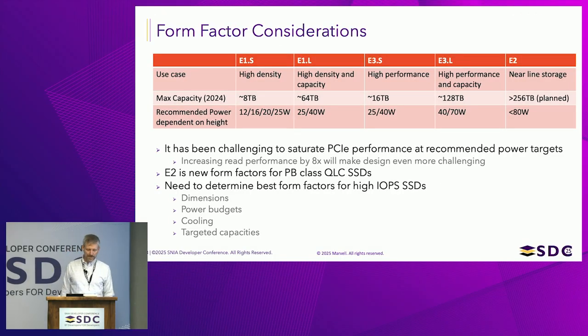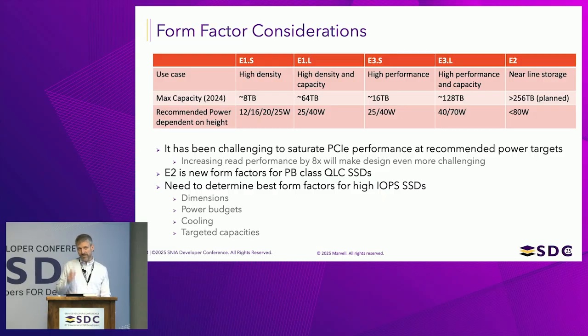So I wanted also to spend a few words about form factors. Here you can see all the various EDSFF form factors for the data center that are out there. When we talk about E1 form factors, they were really developed and optimized for high density applications. You have E3 form factors that were optimized for performance and also capacity.